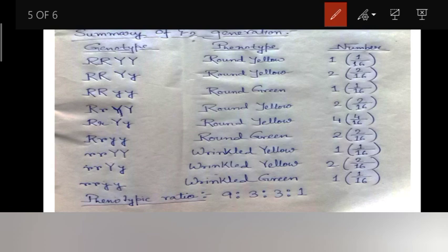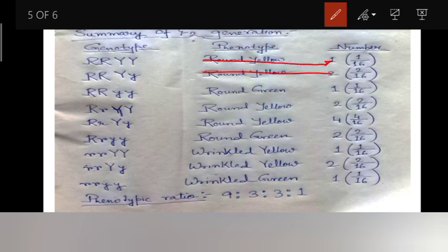If you see that round yellow, you get round yellow 1, 2, 3, 4, 5. Okay, 5. So number 4 and 2, 6, 6 and 2, 8. Oh, sorry. Round yellow number 1.